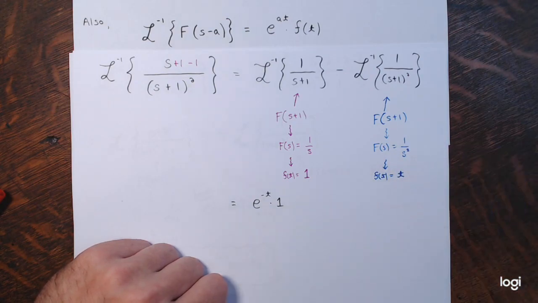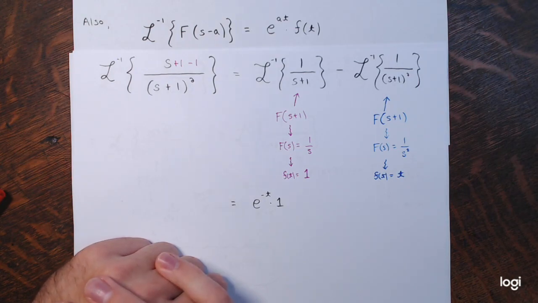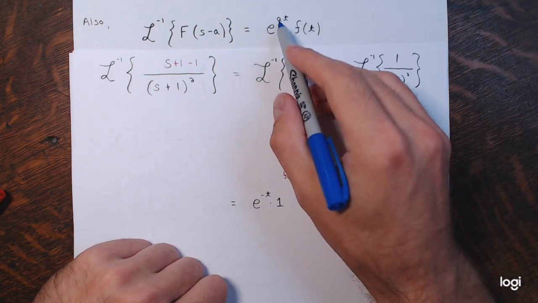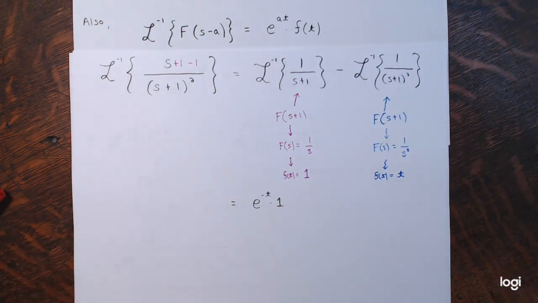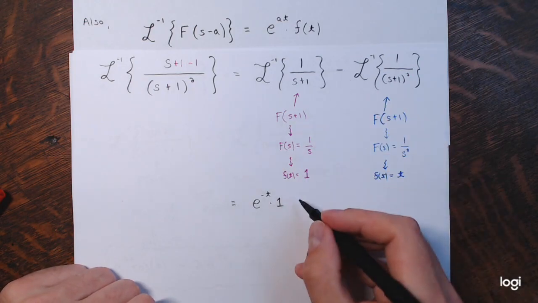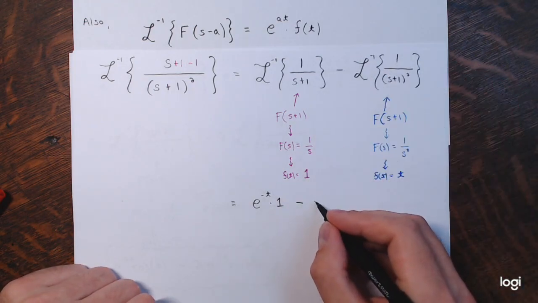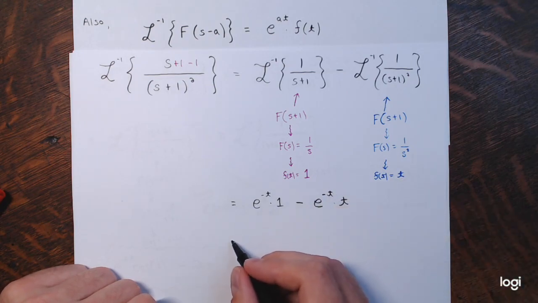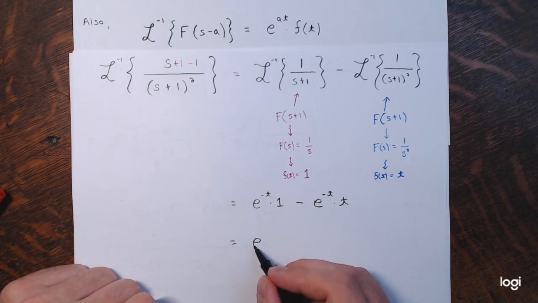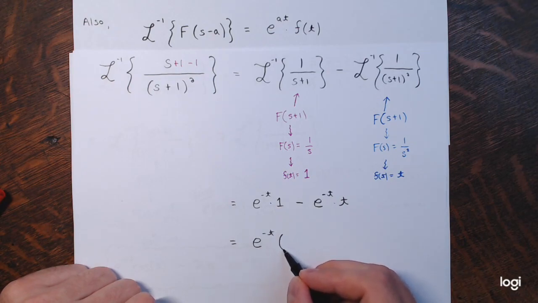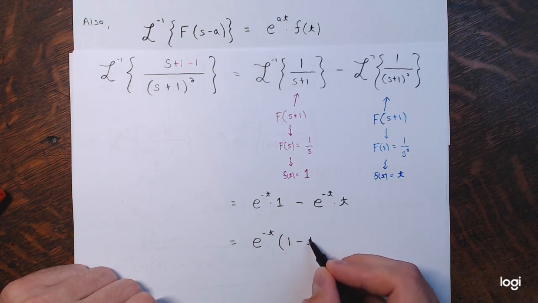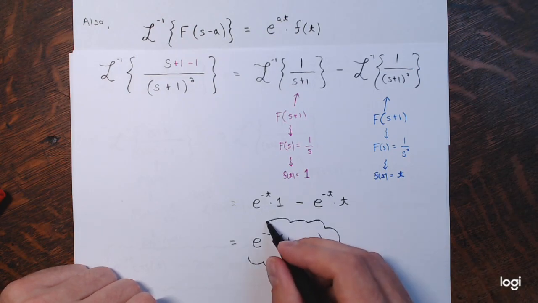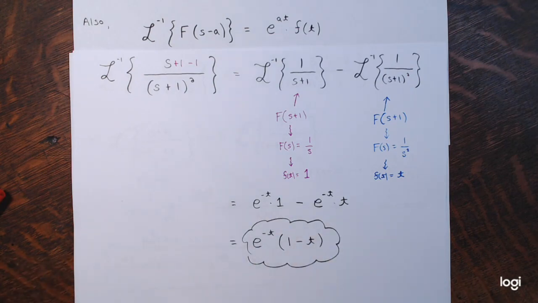Remember, the Laplace transform of t is 1 over s squared. And again, the value of a is negative 1. So I have a minus, and then this inverse will be e to the negative 1t times little f of t. And I will simplify that. I can factor out e to the negative t here, and then I have 1 minus t left over. You could say it's this, or what I had a second ago. Okay.